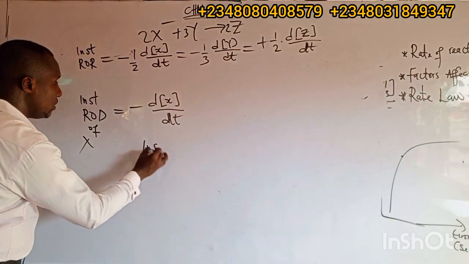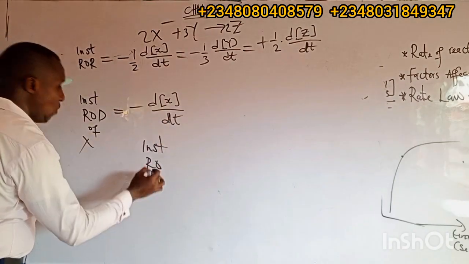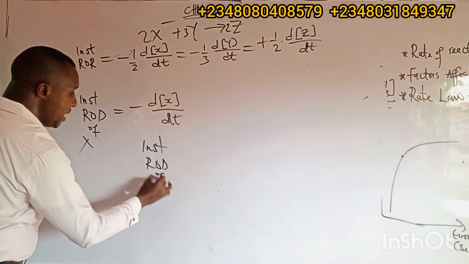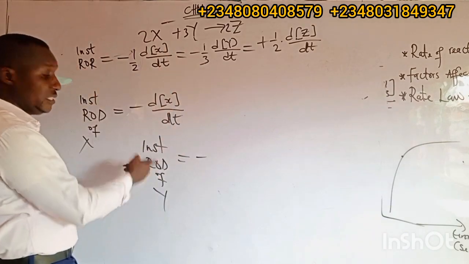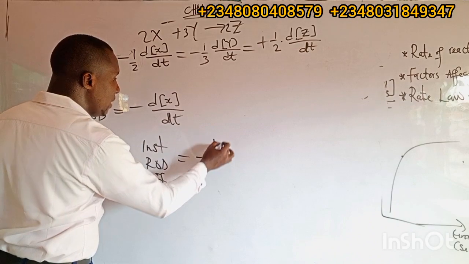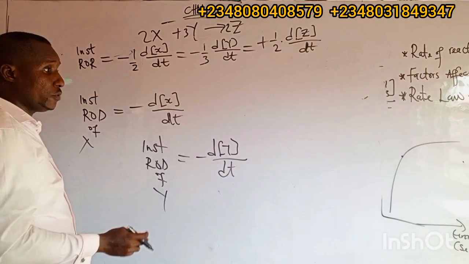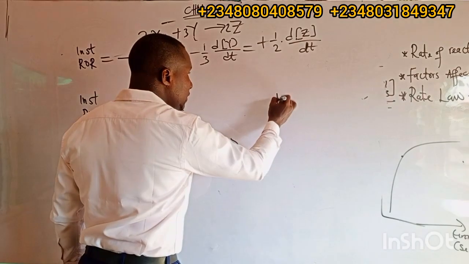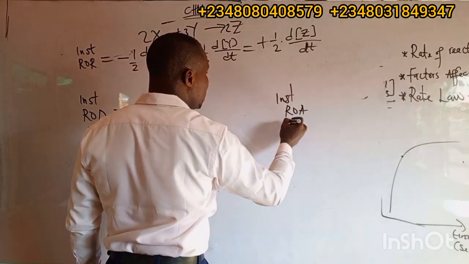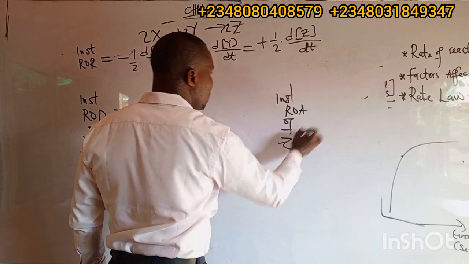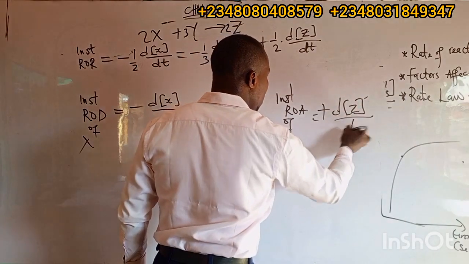For the instantaneous rate of disappearance of Y, the same thing. Negative means decreasing, disappearing: minus dy over dt. I don't need the stoichiometric coefficient. For the instantaneous rate of appearance of Z: plus dz over dt.